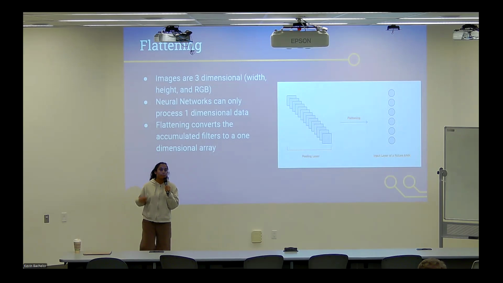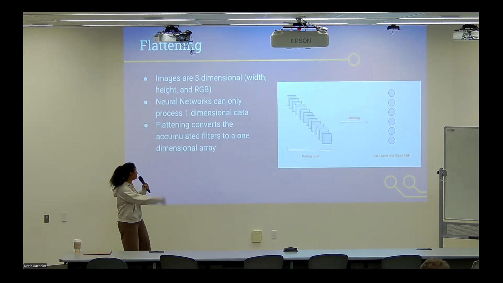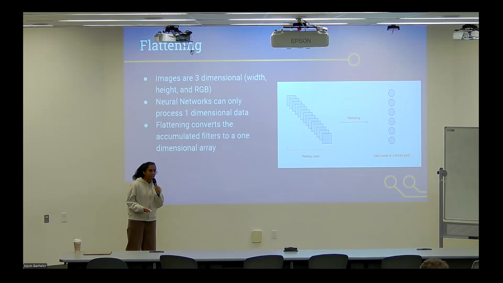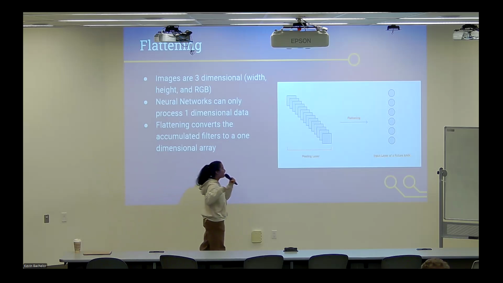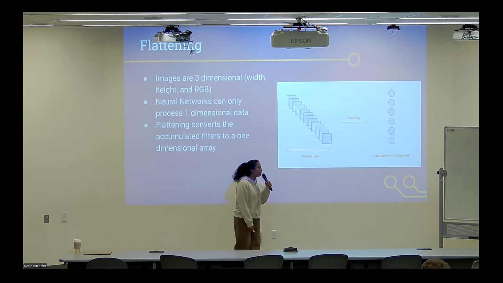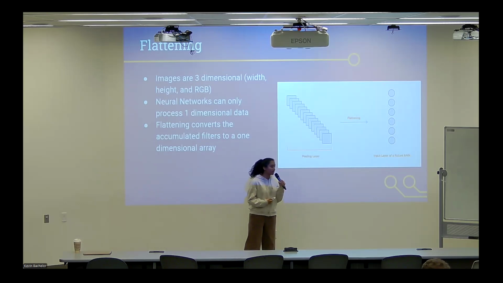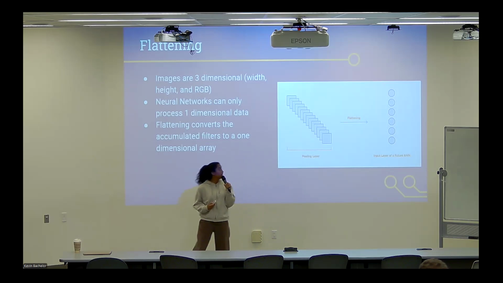We're not inputting geometric shapes and outputting geometric shapes. So we flatten this accumulated filters into a 1D array. We're squishing it down into a 1D array, so it's something that a neural network can actually process. And then we can input that into a feed-forward neural network, like I went through earlier.